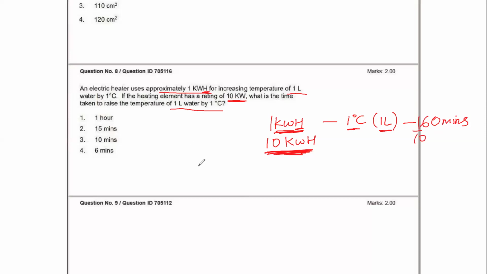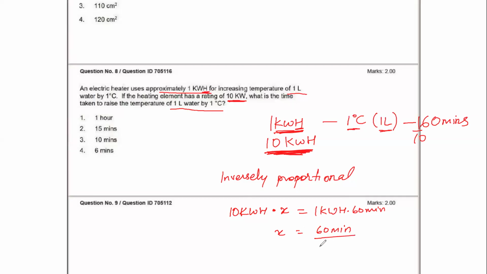If I were to form an equation, you'll have to use the inversely proportional relation here: the rating 10 kilowatt into X is equal to 1 kilowatt into 60 minutes. So that's how you will get your answer. Six minutes. So that was an inversely related logic question.